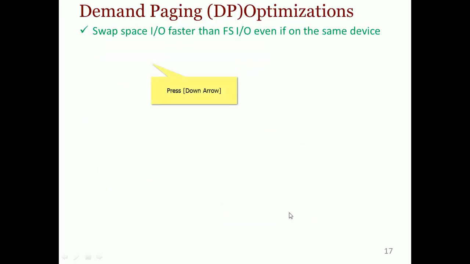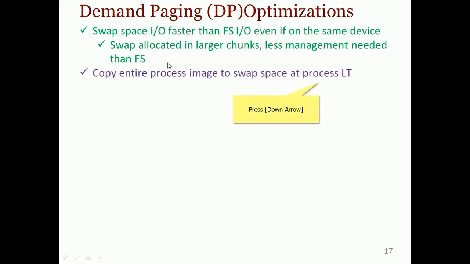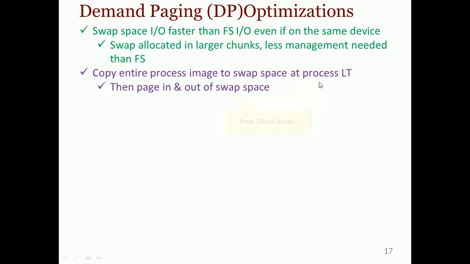Optimize swap space I/O: it is faster than file system I/O, even if on the same device. Swap is allocated in larger chunks, so less management is needed than the file system. Copy the entire process image to swap space at process load time, then page in and out of swap space, as used in some older Unix.